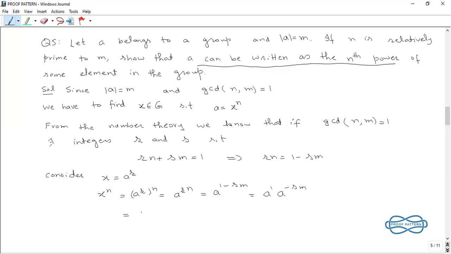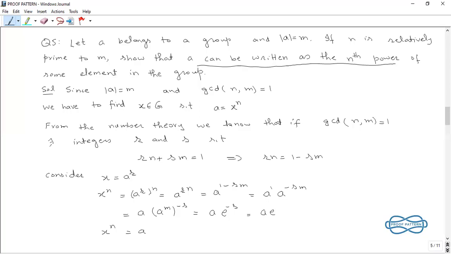And that is (a^m) to the power minus s. And we know that a has order m, so a^m will be identity. So it will be a e to the power minus s, and that will be a e, and this is a. So in this way we have found an element x so that a can be written as x^n.